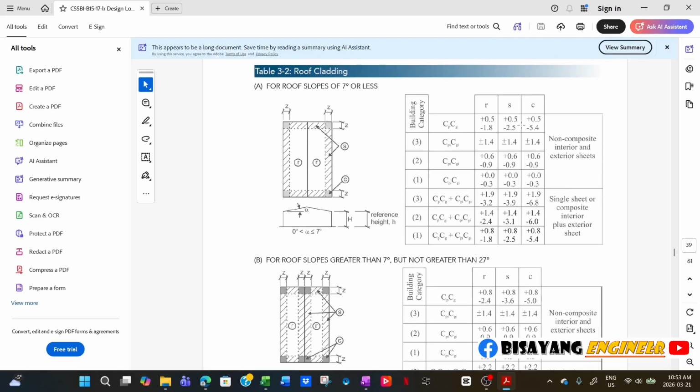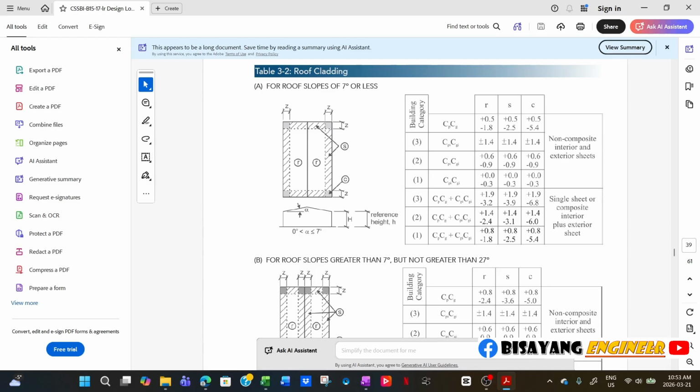And this one only gives the coefficient itself, like this 1.5, the zone depending on this building category. Like I said earlier, it depends on the category. Is it category 1, category 2, category 3? And in that category, you can find it in the commentary.